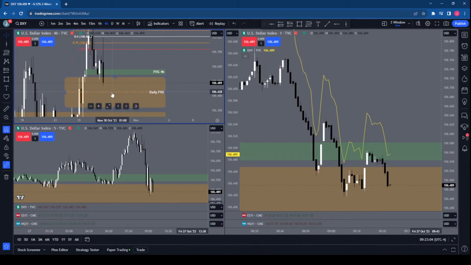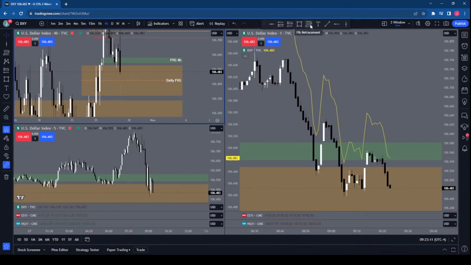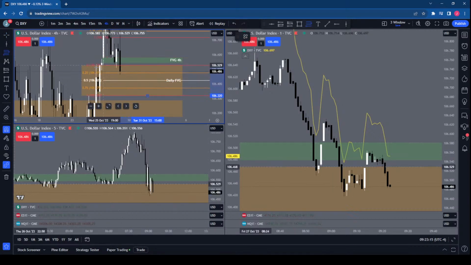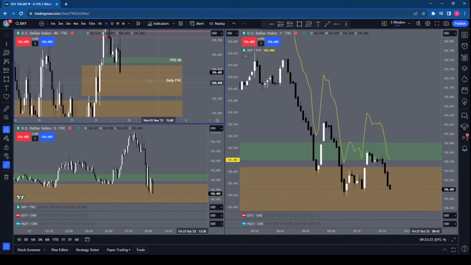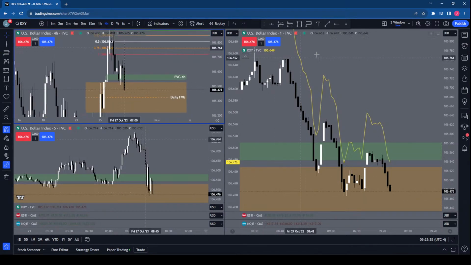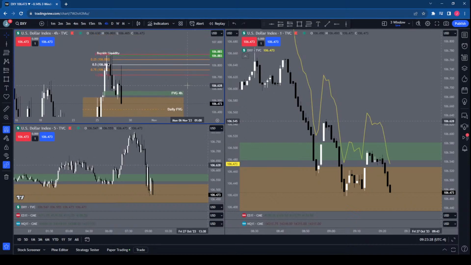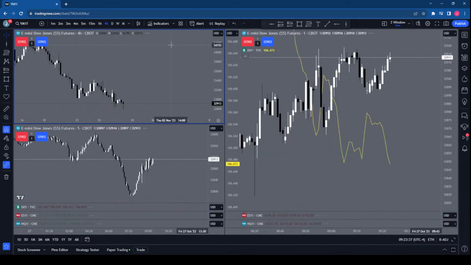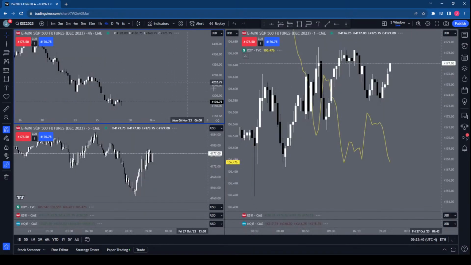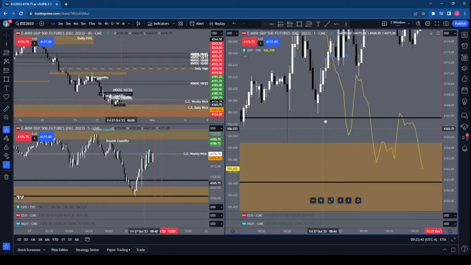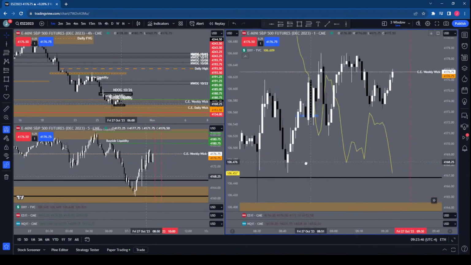Yeah, so it's probably going to try and see this consequent encroachment. I think it'll be important going into next week where we close within this fair value gap range. It'll show how strong and how much it wants to respect the fair value gap. And another thing too is if this is the high for the dollar on the day, then I do like the theory that this low is our low for the indices.